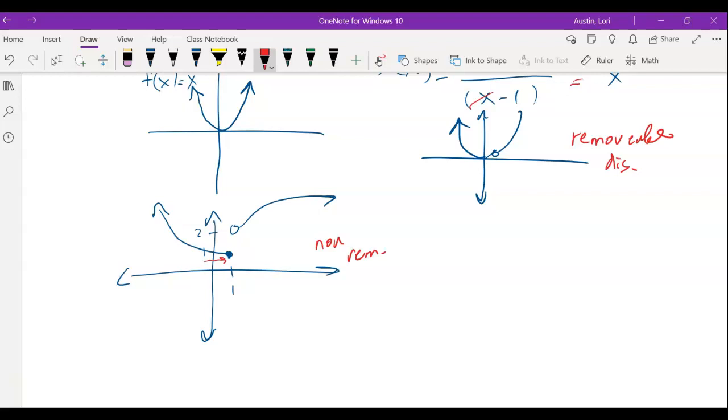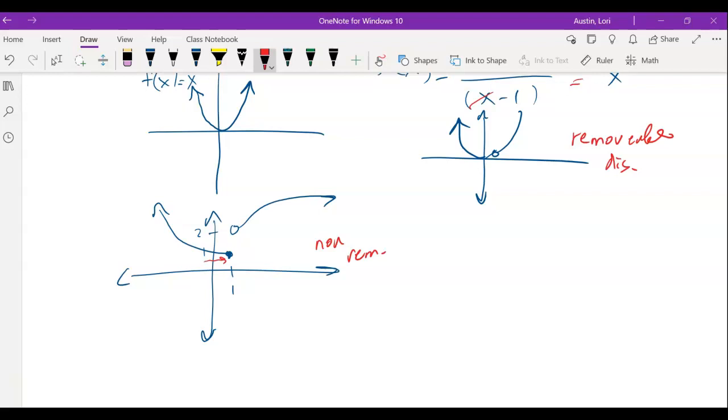Does the limit exist at 1? So there's a lot of different things that can occur. Does the limit of my last graph exist at 1? Nope, because the left-hand side doesn't equal the right-hand side, remember? The limit doesn't exist. It's non-removable. In a removable discontinuity, guess what? The limit does exist.